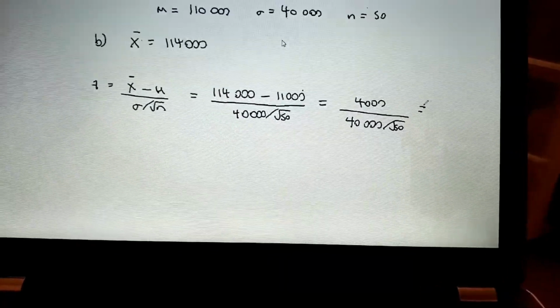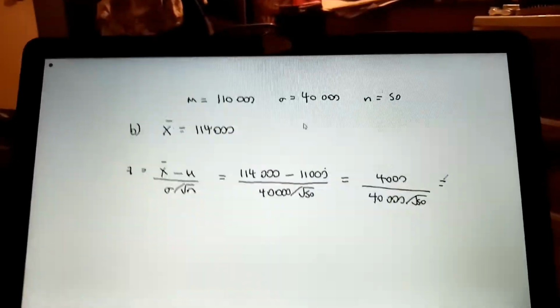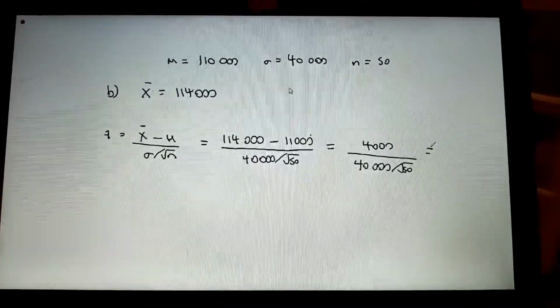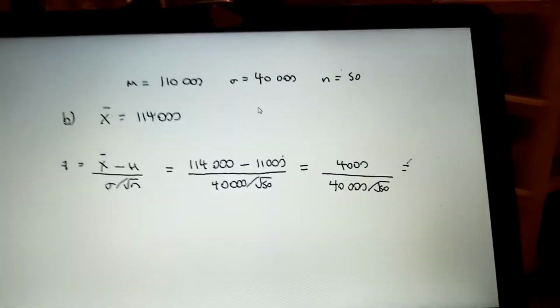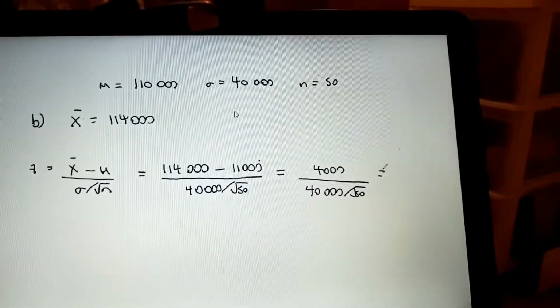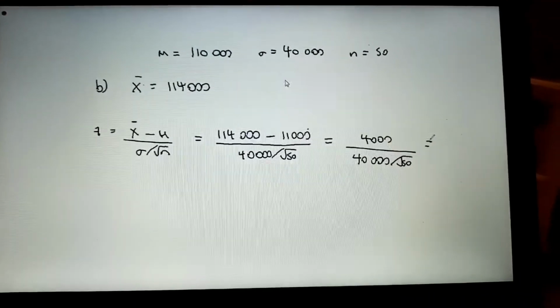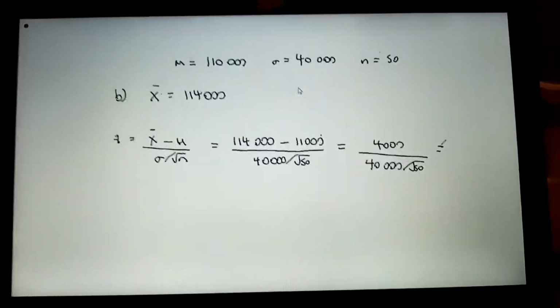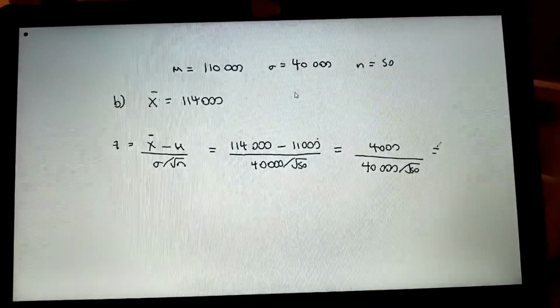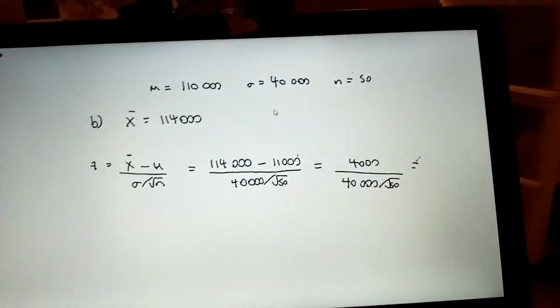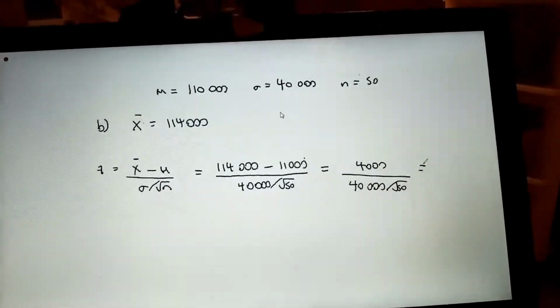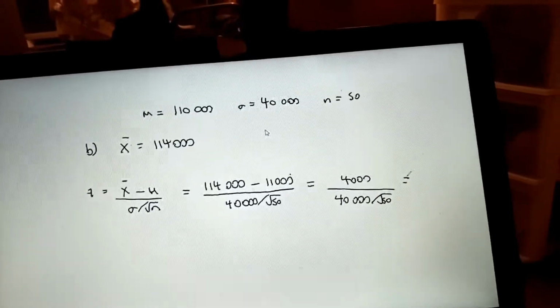So for this part, I would take 4,000, hit divide. To be safe, I would hit bracket and then just do the bottom part. So do 40,000. Sorry, one sec, I just messed it up. So do 40,000 divided by square root 50 and your bracket and hit equals.